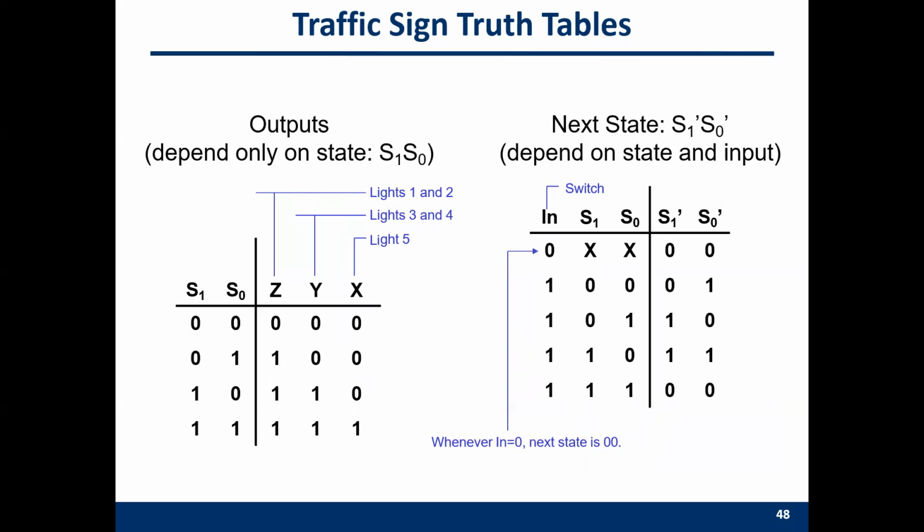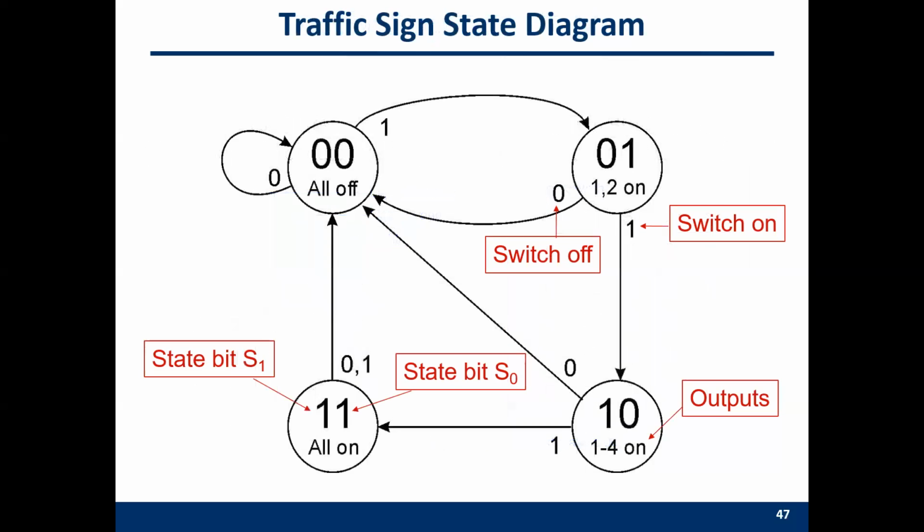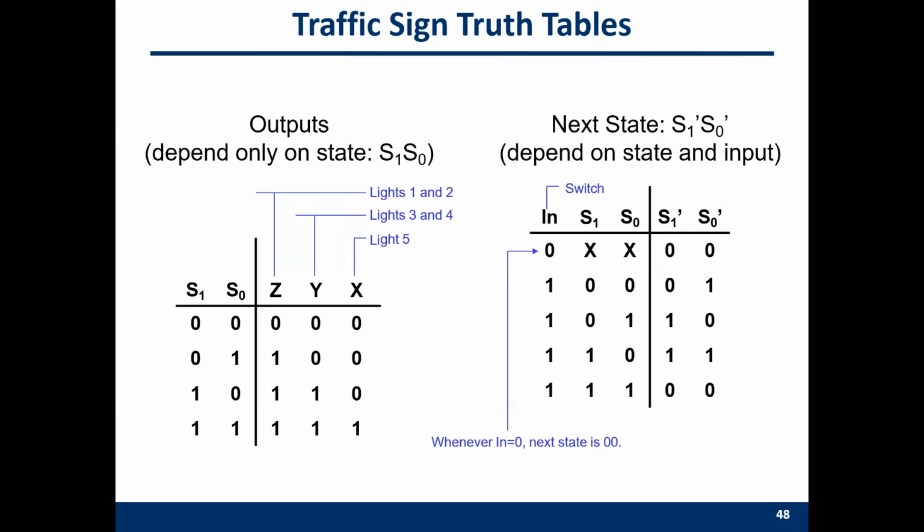Because we have 4 states, the first state bit is S0, the second one is S1, and then we also have input 1 and 0. So in total we have 3 inputs.